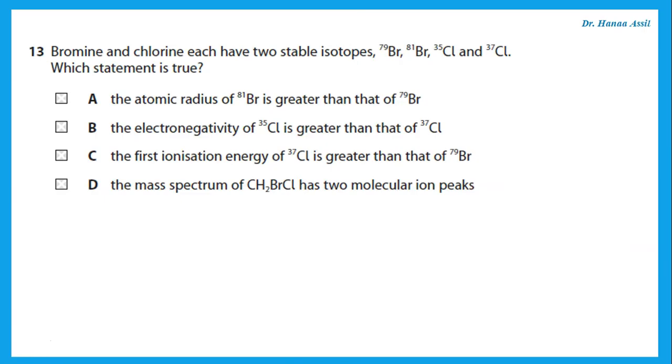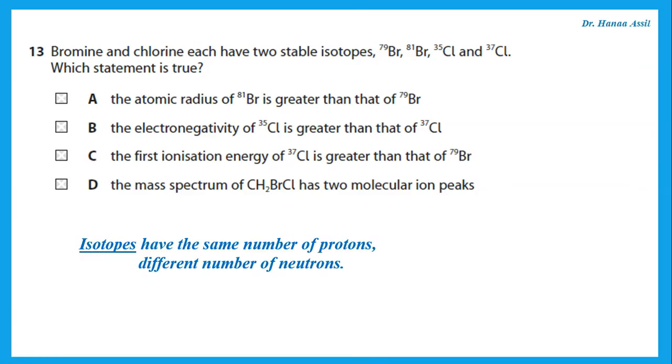Bromine and chlorine each have 2 stable isotopes: bromine 79, bromine 81, and chlorine 35 and chlorine 37. Which statement is true? Well, atomic radius of the 2 isotopes is different, greater or less than? Well, you should know that isotopes differ in what?